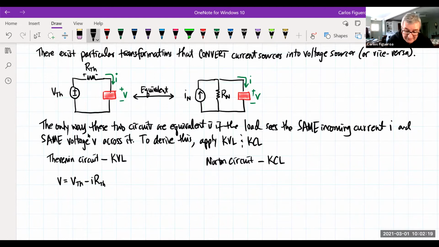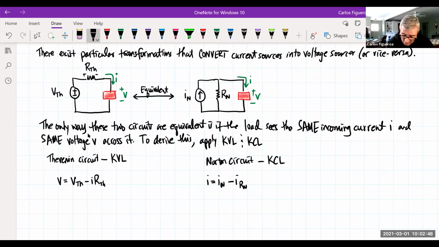Now, if I look at KCL here, you could see that the source current must also be equal to the current that's going down the branch of this guy here. So if I apply KCL, the current I should be the Norton current minus the current across the Norton resistance.